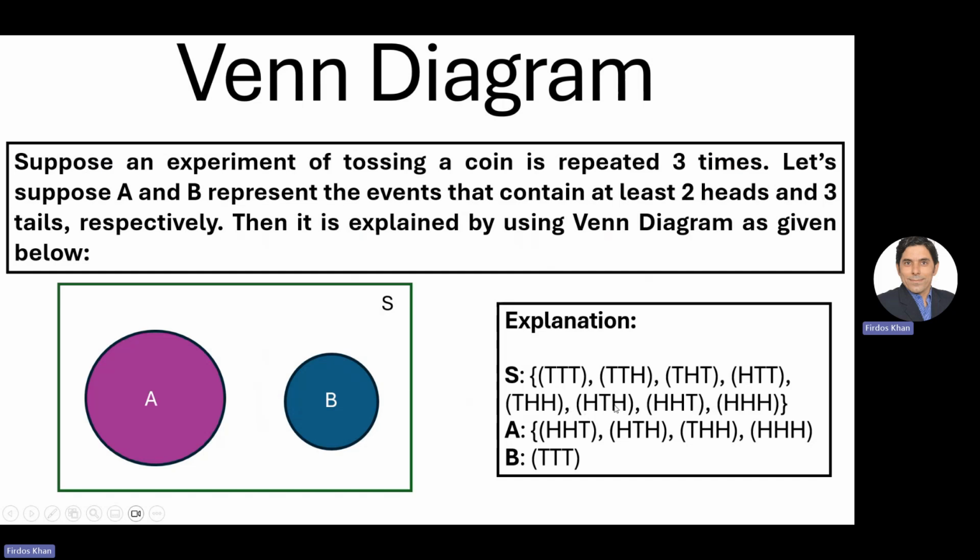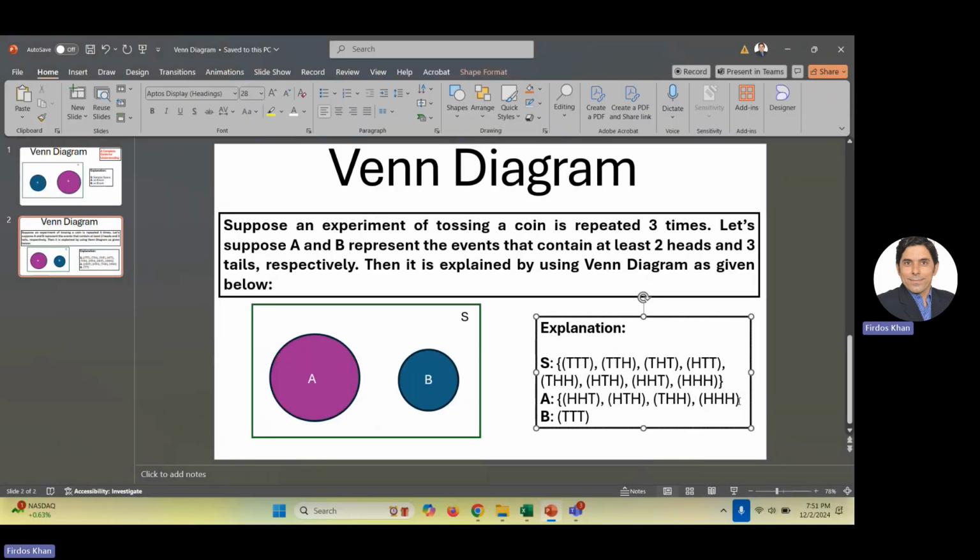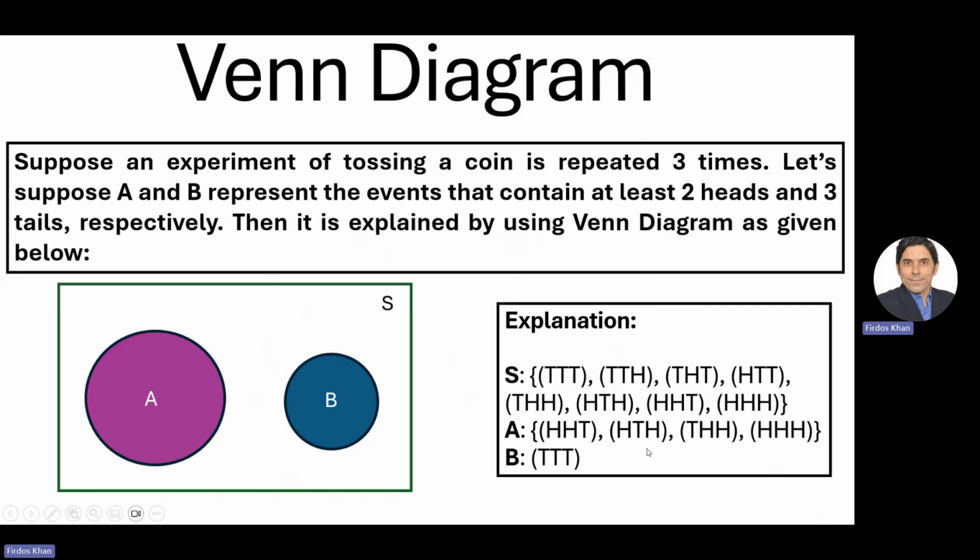Look at this: this outcome has two heads, this has two heads, this has two heads, and this has three heads. So these are all four outcomes in the sample space. This is event A, remember. And remember that you should write this one just in brackets here.